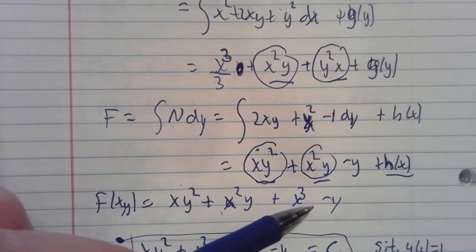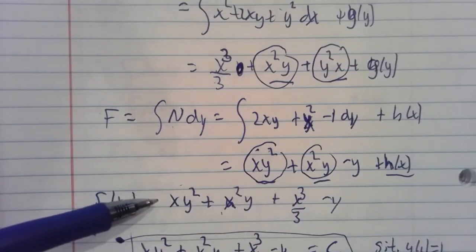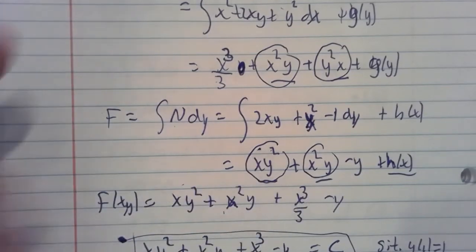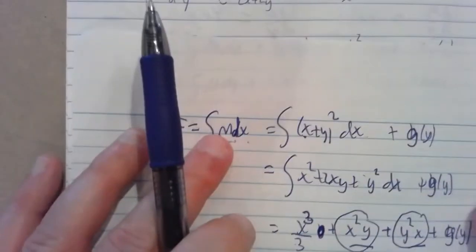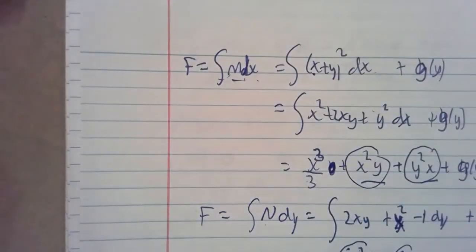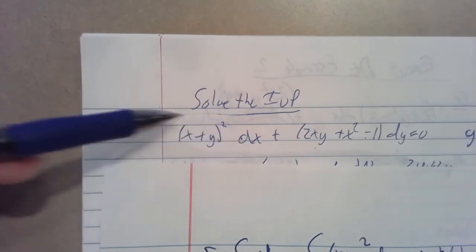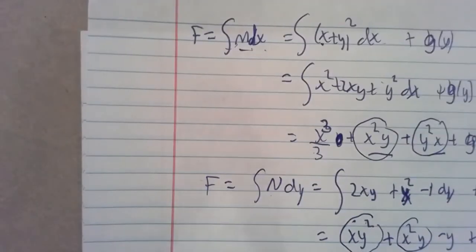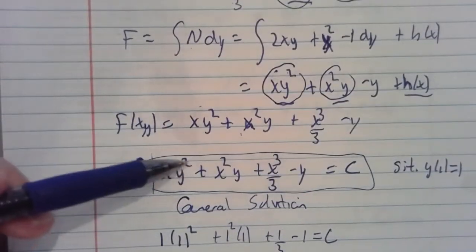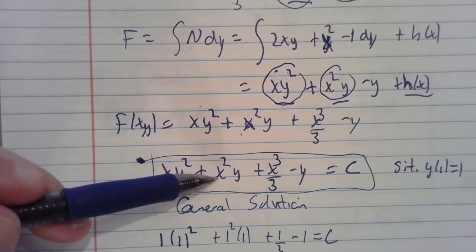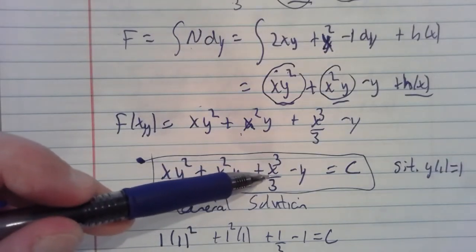Now, let's check just to make sure we got this right. Let's check that this guy's differential is our dE. If we take his partial with respect to x, we should get back to M here. We should get x plus y squared. So let's check that. If I take his partial with respect to x, it will be y squared plus 2xy plus x squared.